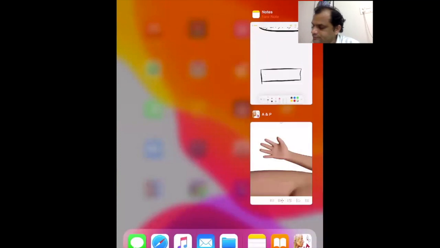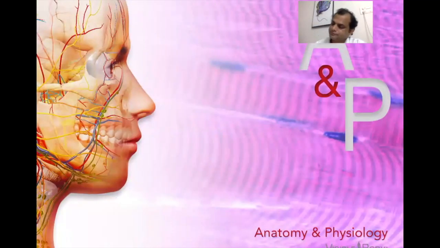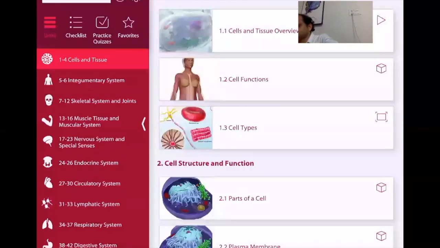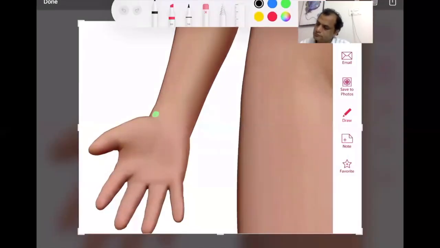Let's see in the other image. For example, if we are pressing very little here, press gently, तो हमें पल्स मिलेगी यहाँ पर लार्ज इंटेस्टाइन की.